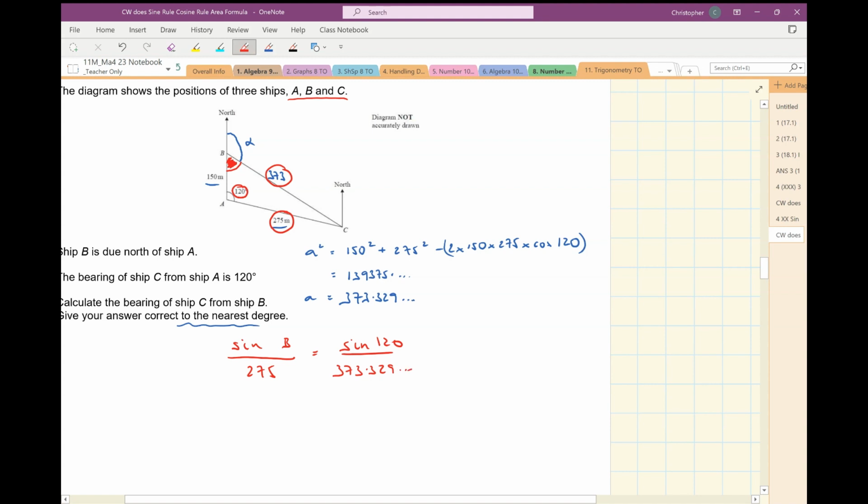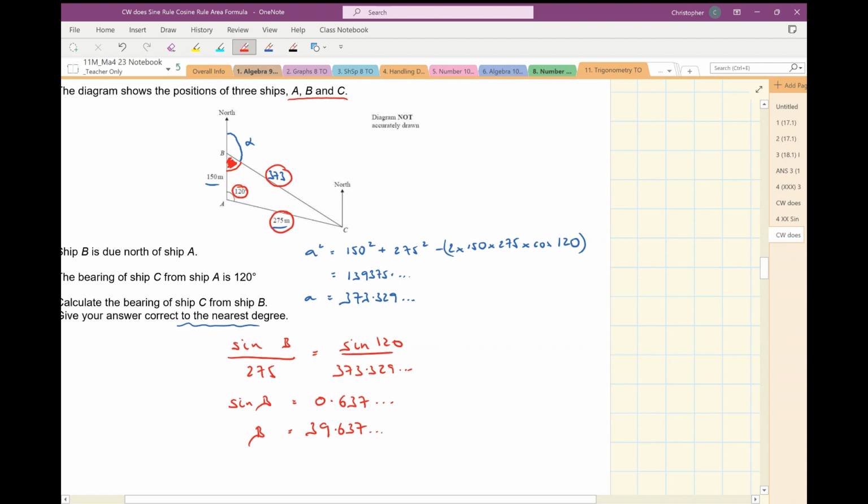Okay, so that tells me that sine of B is sine 120 divided by 373.329 and so on, equals times by 275, which tells me that sine B is 0.637 and so on. So inverse sine that tells me that angle B is 39.637.